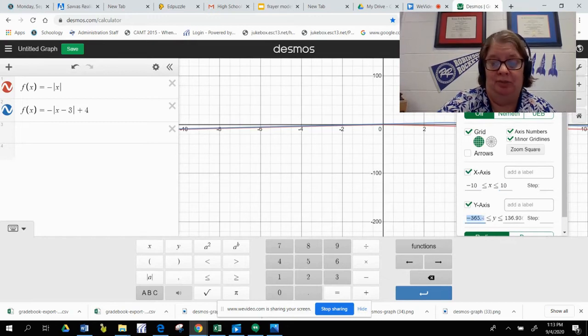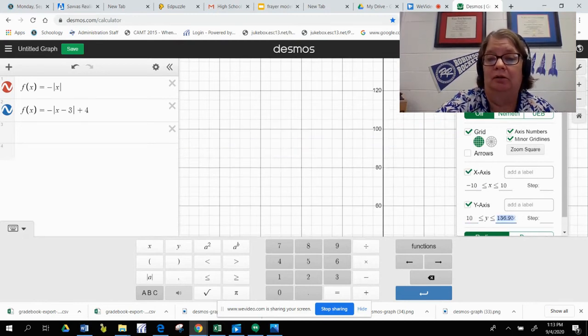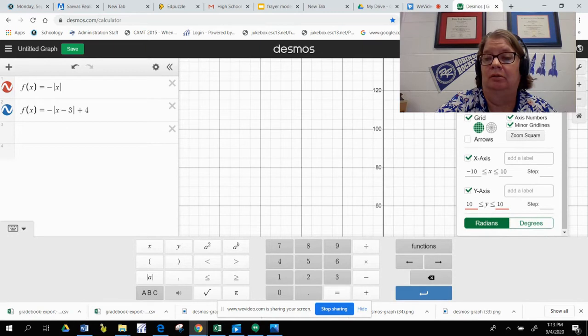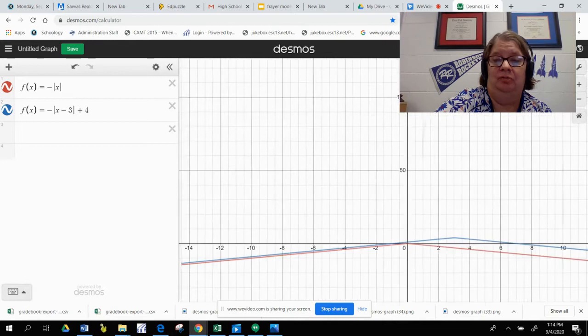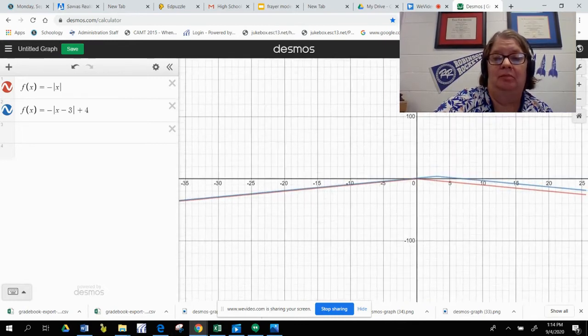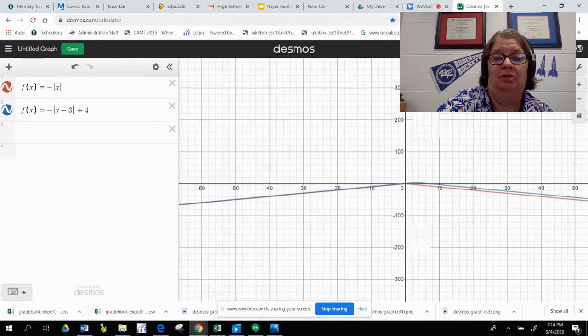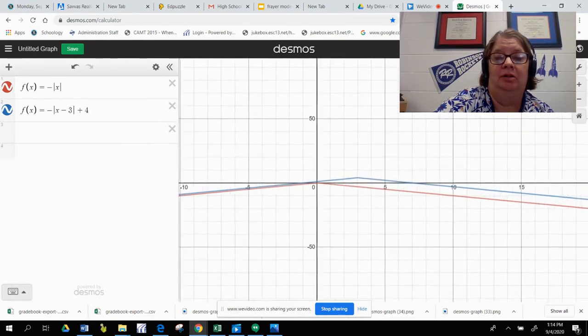And I want the y-axis to be from, it's like adjusting the window on your Inspire. Here we go.